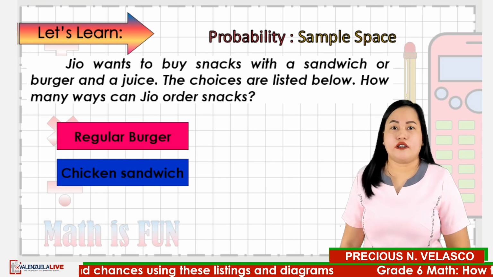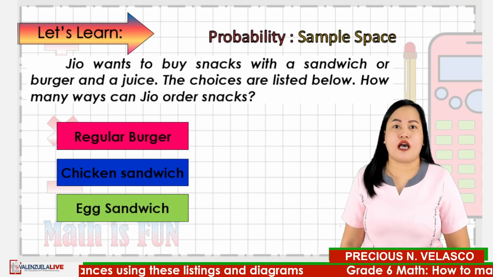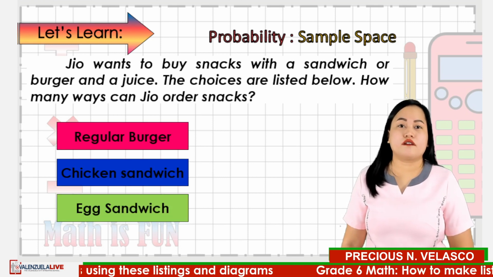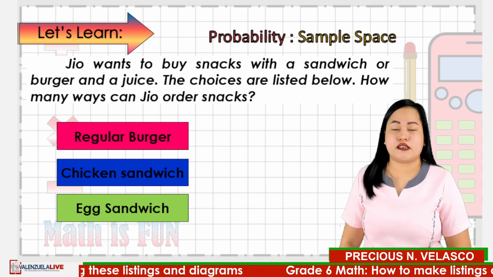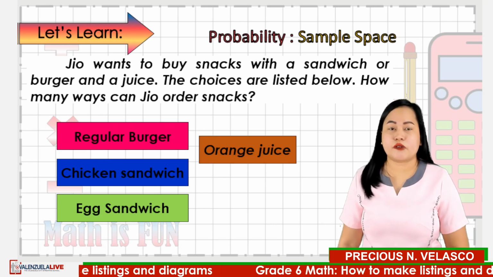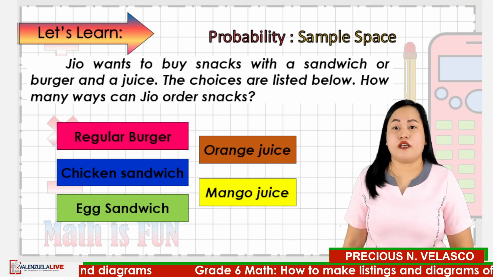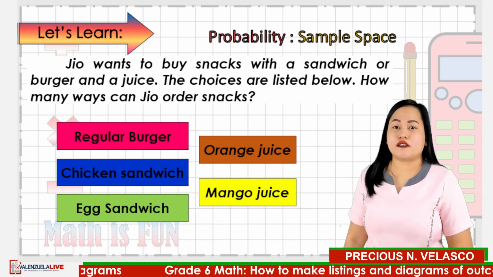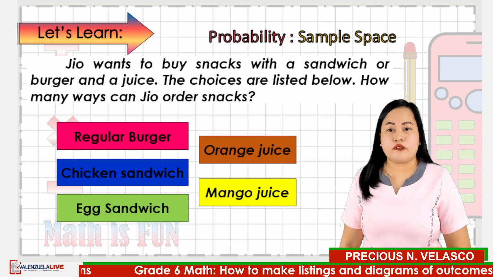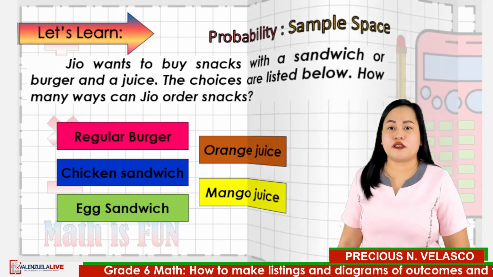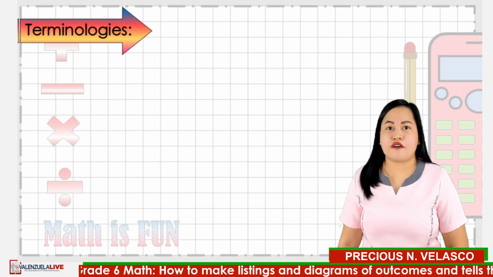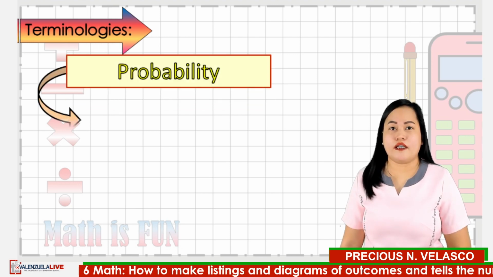So here are the snacks. We have regular burger, chicken sandwich, and egg sandwich. And for the drinks, we have an orange juice and a mango juice. In answering this problem, we can use the following concept. First, let's define what a sample space is.